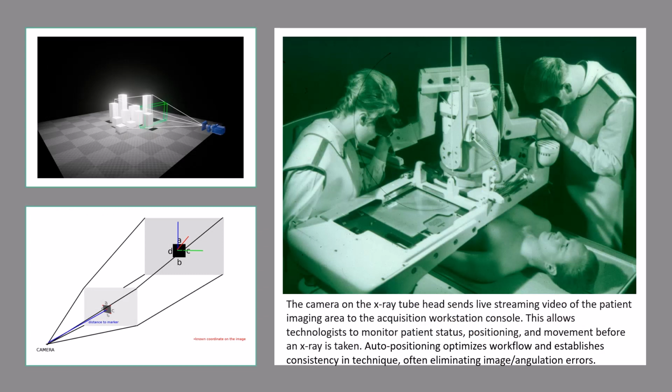We used to use image intensifiers to be able to visualize the images that we're taking. Today, we have a system set up that uses a camera, a different type of camera, a 2D or 3D camera that is red, blue, green sensitive. These cameras are used in auto-positioning.